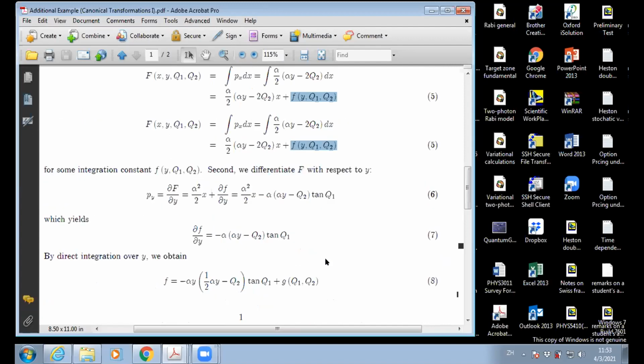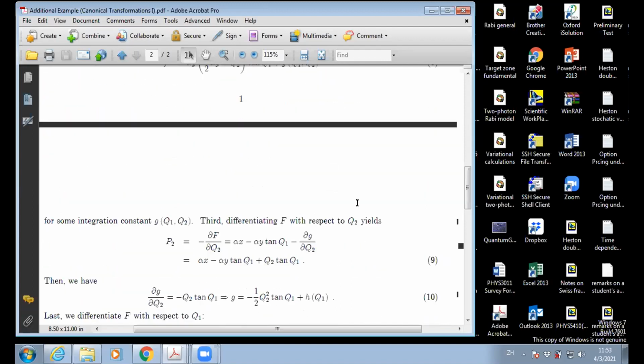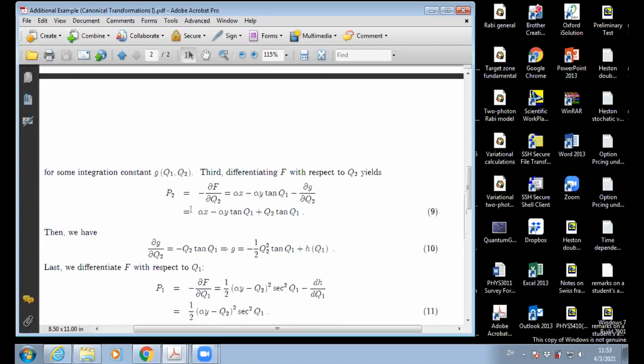And according to the definition given here, the capital P2 is equal to alpha x minus alpha y tangent capital Q1 plus Q2 times tangent capital Q1. So we compare both sides of equation 9. We realize that ∂g/∂Q2 is equal to minus Q2 tangent Q1.